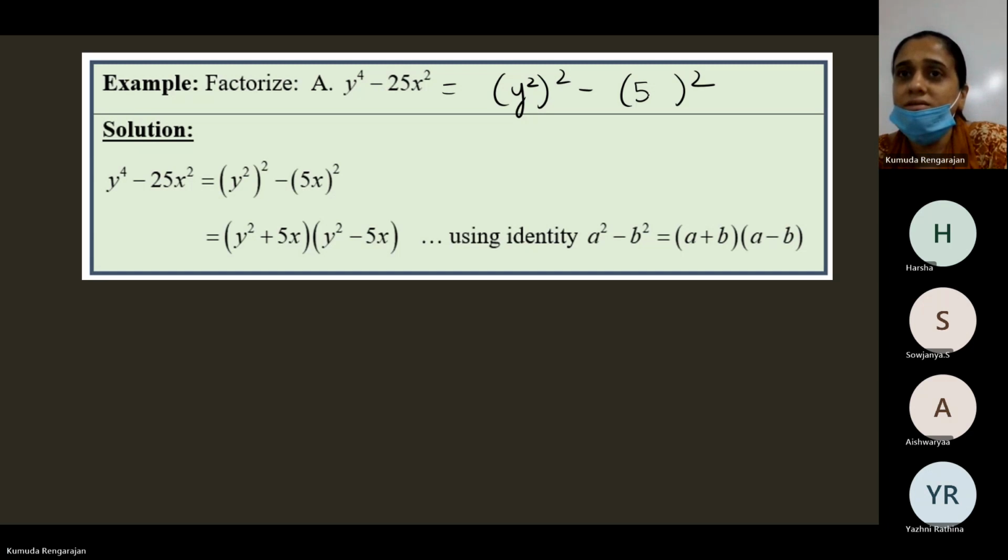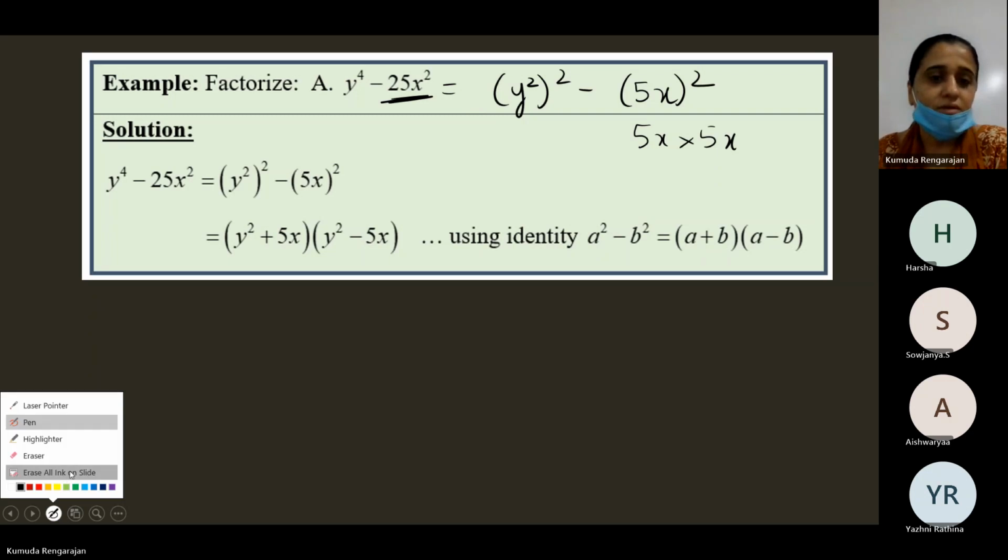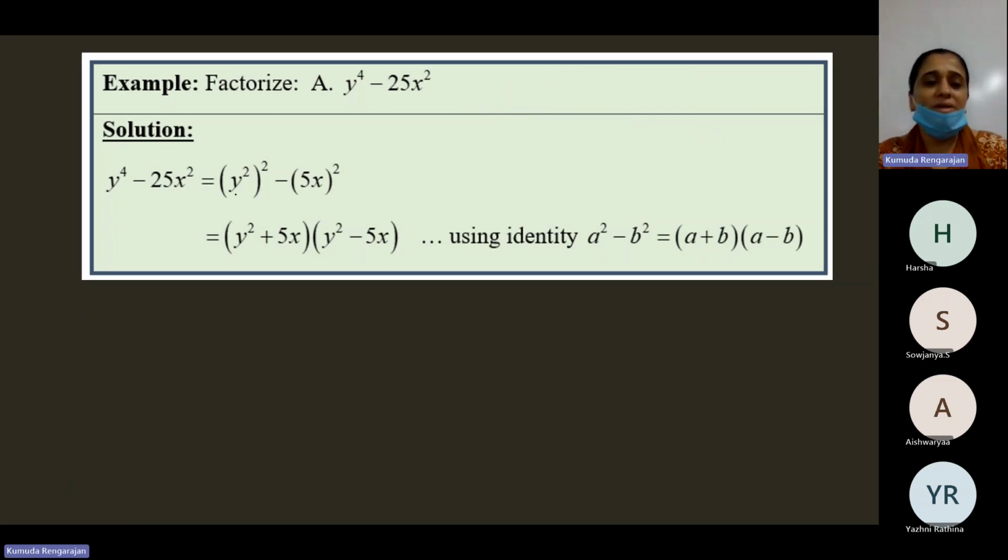Then only x, just x. Because 5x the whole square means what? 5x into 5x, which is 25x square. So you should present it in the form a the whole square minus b the whole square. Here, this is a whole square minus this is b whole square.